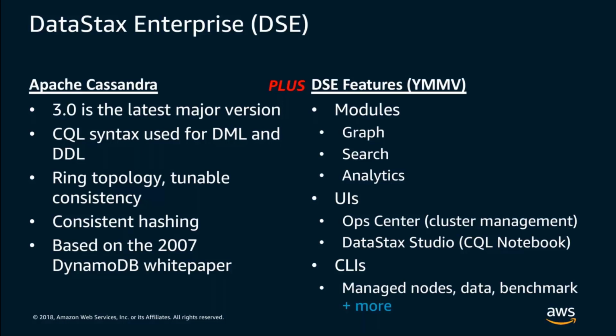It does have a basis in the 2007 Dynamo white paper. By lineage, you had the 2007 Dynamo white paper, and shortly thereafter, Apache Cassandra. And then later on, in 2012, we released DynamoDB, which is just an evolution on that Dynamo white paper.